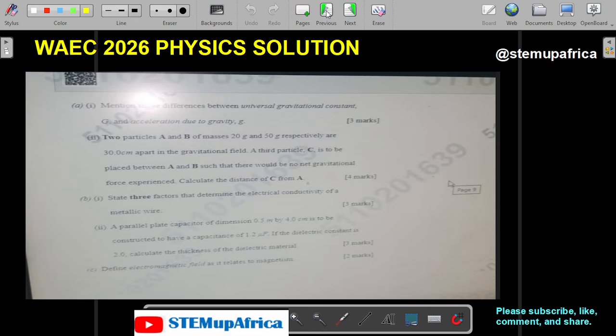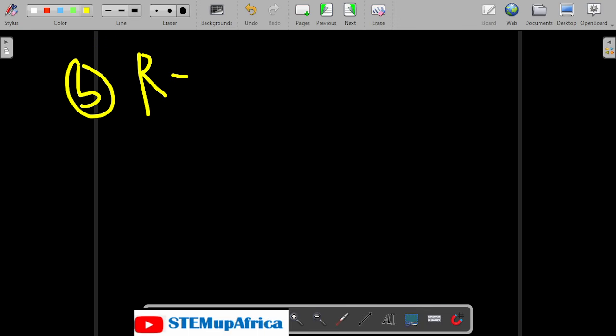Then question B says state 3 factors that determine the electrical conductivity of a material. So we know from resistivity that R equals resistivity times length over area.